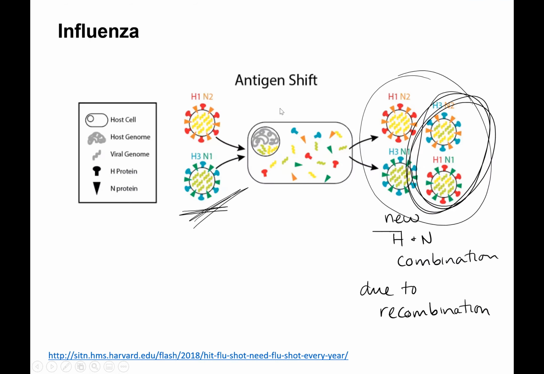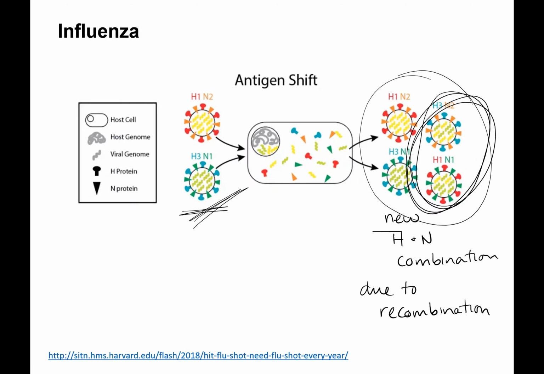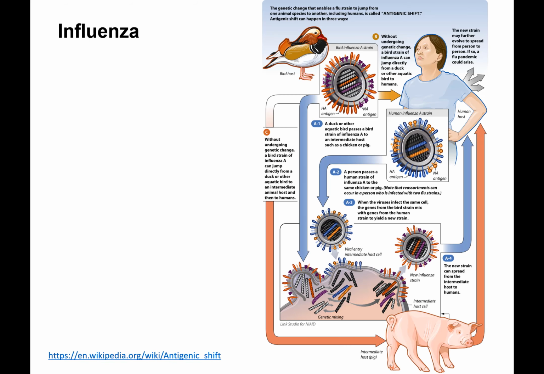Antigenic drift is an issue for seasonal flu. Antigenic shift is a bigger issue. Antigenic drift is happening all the time with mutations. Antigenic shift is usually in the little pig.